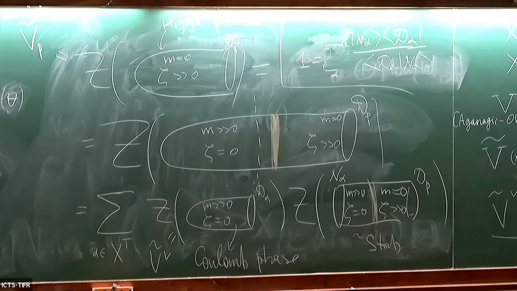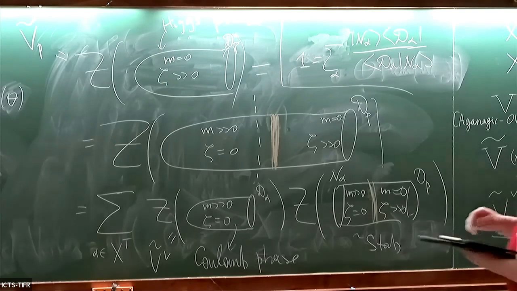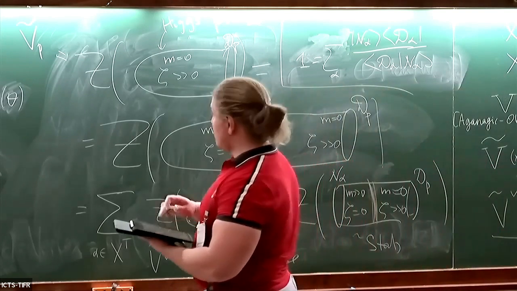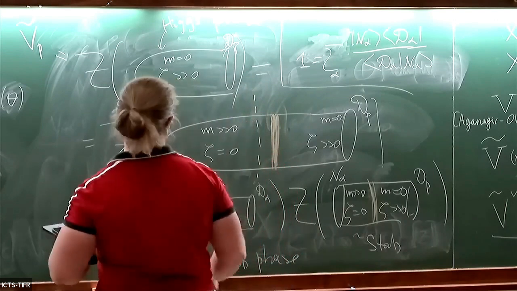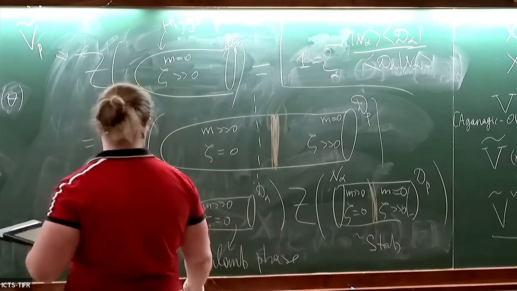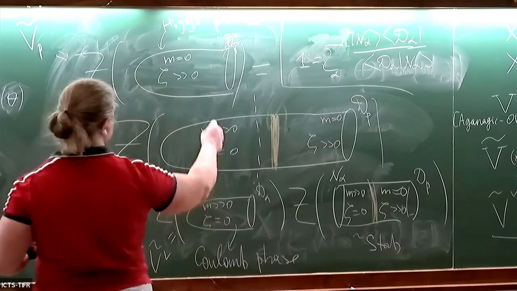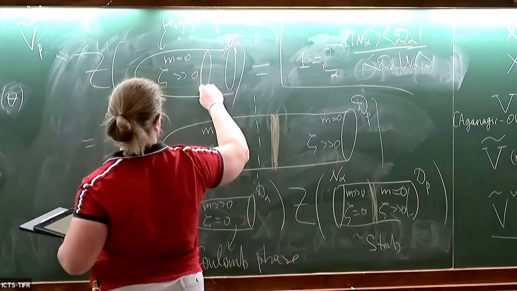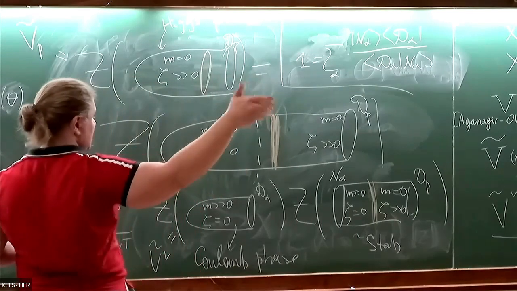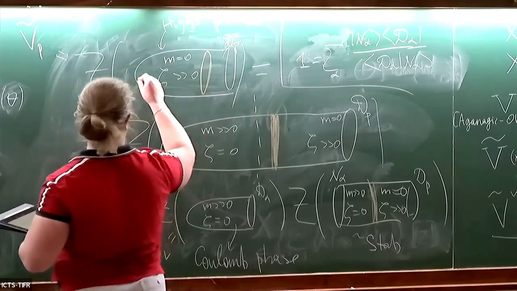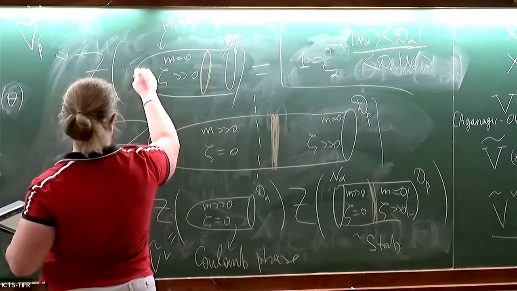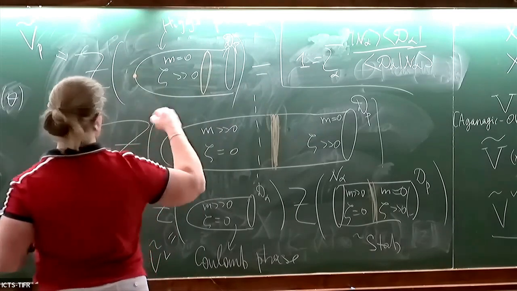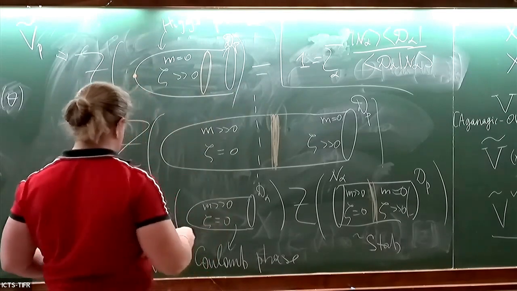And well, I guess I've run out of time. I will just say in words that this thing also admits interesting observables where you can either insert surface operators wrapping the cigar and the circle, or line operators sitting at the tip of the cigar and wrapping the circle.